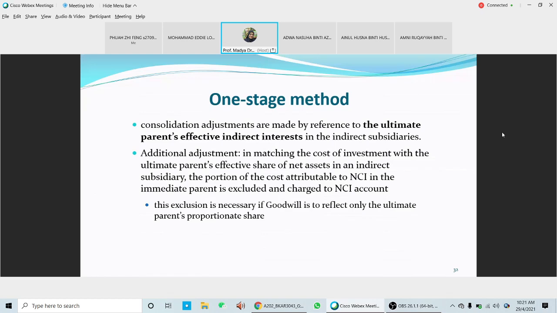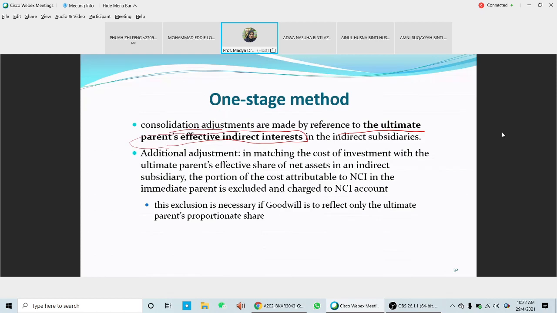For this one stage method here, you're going to prepare consolidated adjustments made by reference to the ultimate parent. Means that the ultimate parent is going to use its effective indirect interest in the indirect subsidiary. So this one stage method is a shortcut method. Yeah?